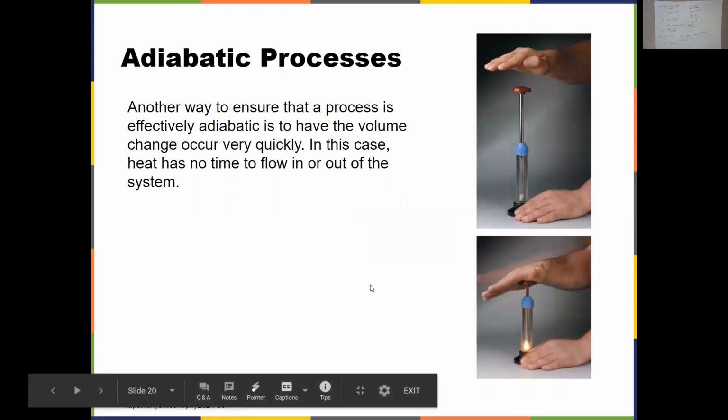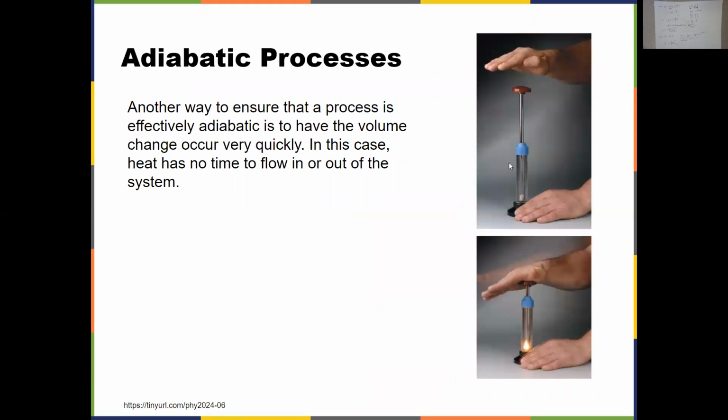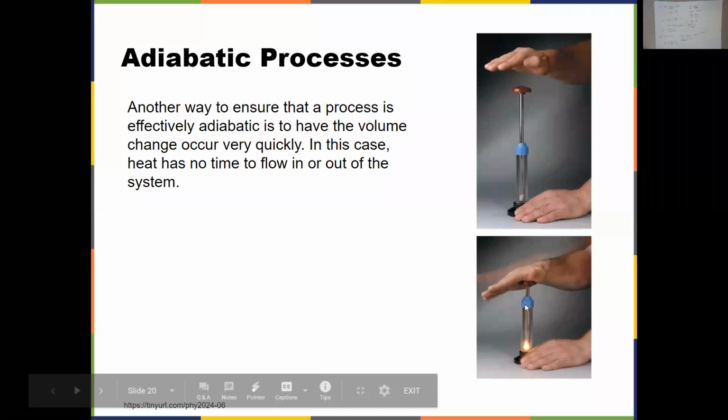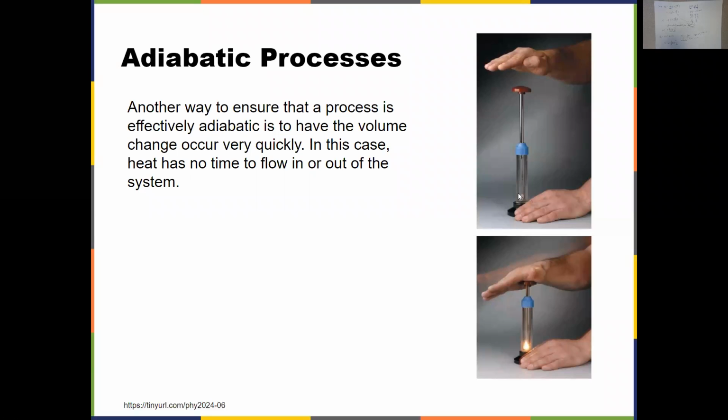On the other hand, you might not have perfect insulation here, but if you can do the process quickly enough, then there's no time for heat to escape. So then also Q is equal to 0. According to delta U equals Q minus W, the process happens very fast, so Q is 0.